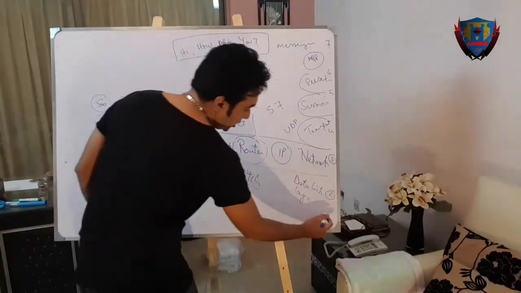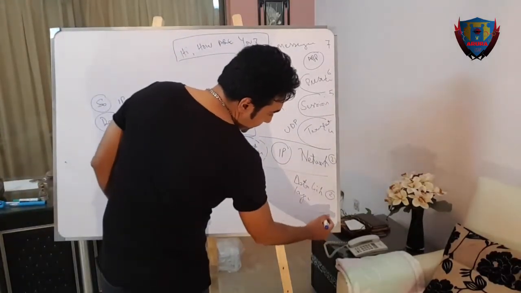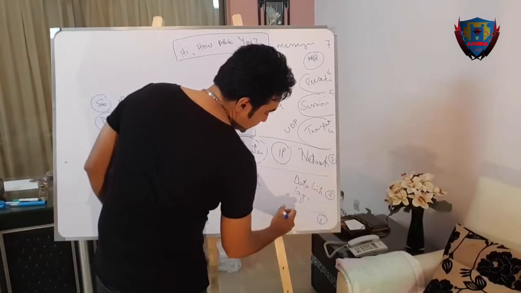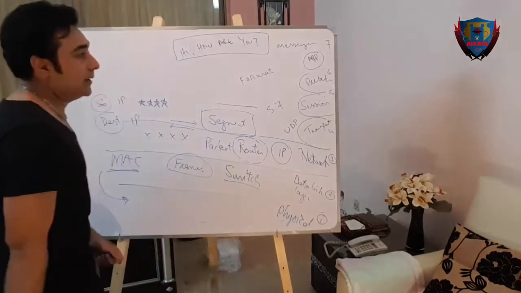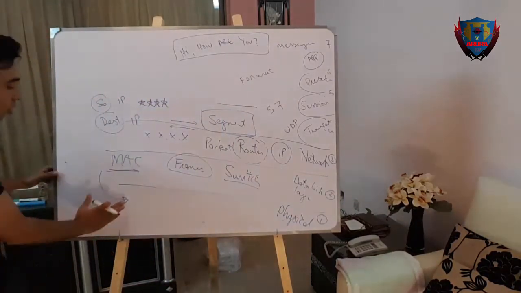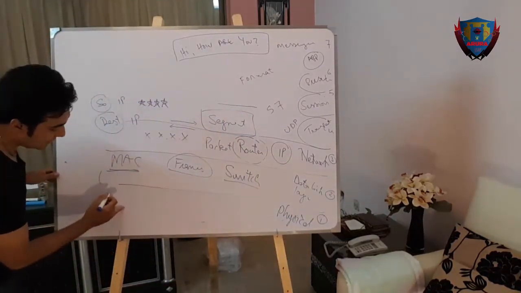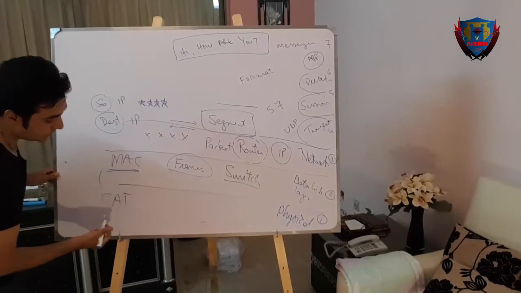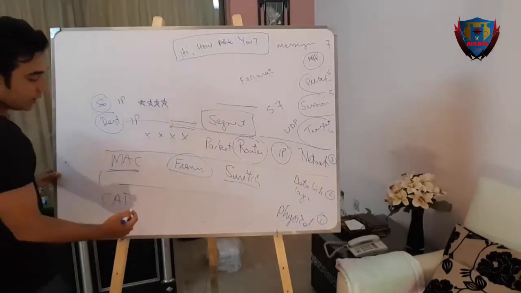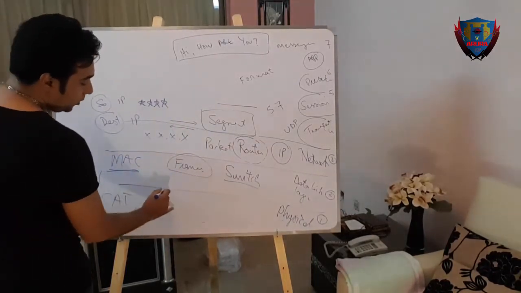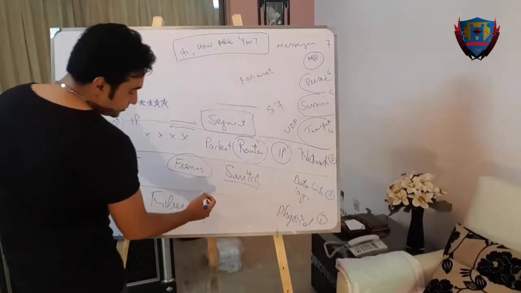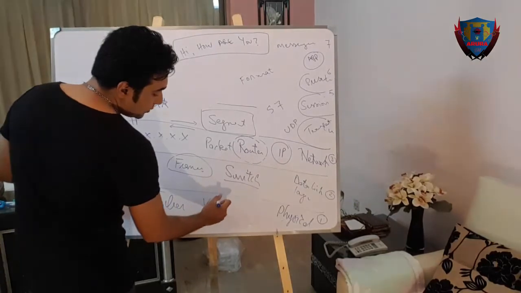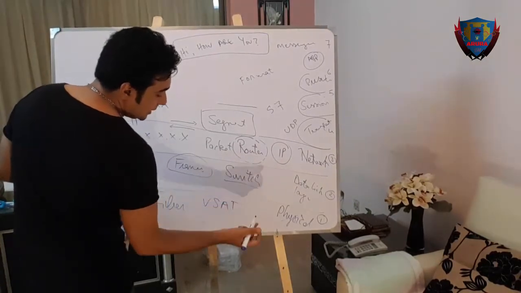Okay, the last thing you need to know is the first layer, physical layer. On physical layer, you can use wired channels, for example, Cat5 cable, Cat1, Cat2, Cat3, Cat6, and then you can use fiber optics. You can use VSAT, satellite communication.